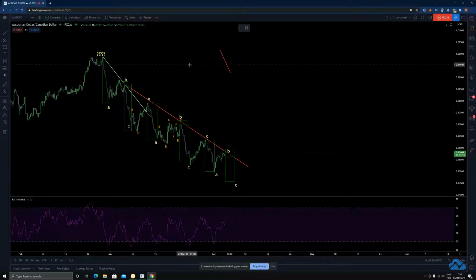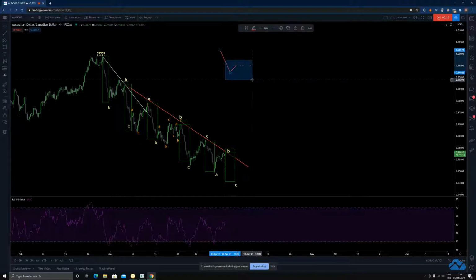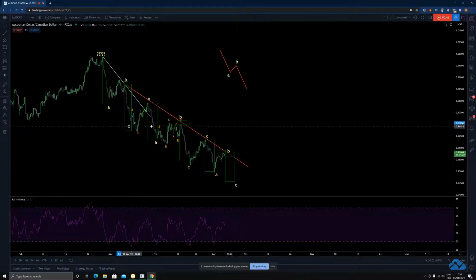So whenever the market has a situation like this, let me try to explain in theory first so it will be easier for you guys to understand. So you have an ABC here like this, which is your first zigzag. Now, the market doesn't always have to be a simple correction.